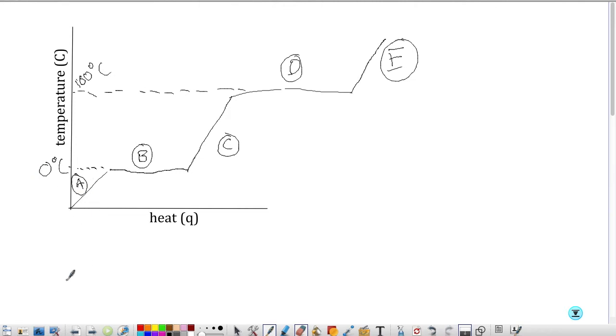In region A, we have ice. And as I put heat in, I'm getting a temperature change.